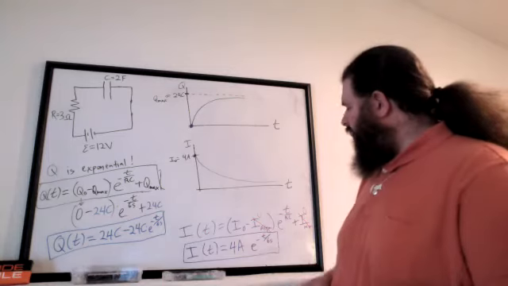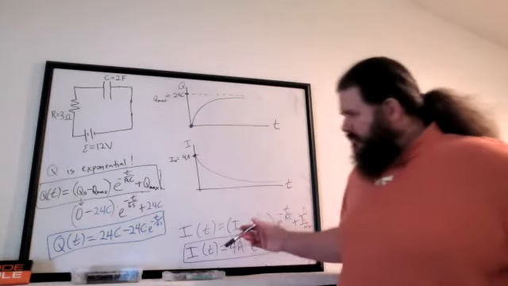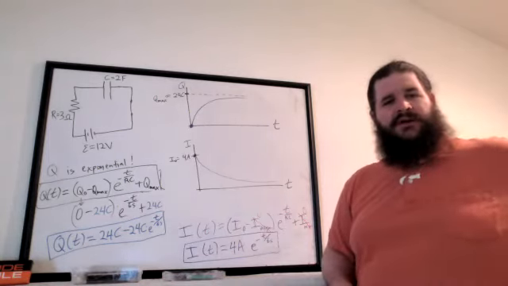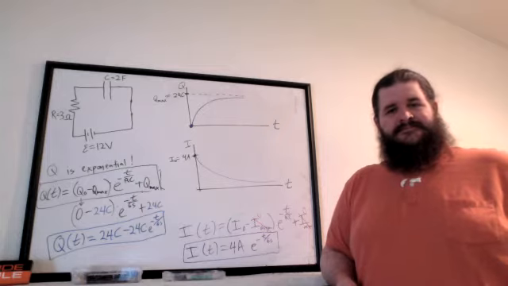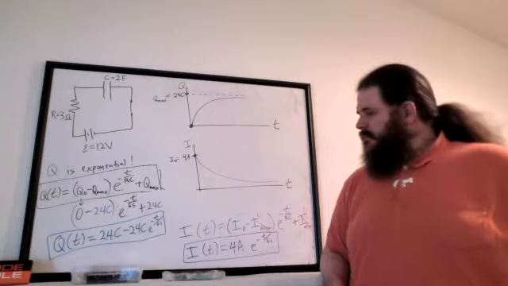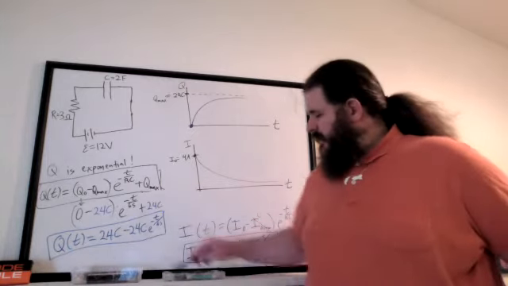So the time constant, for instance, in either of these equations, what quantity is the time constant that we're talking about? Is it negative t over RC? Yeah, or specifically just the RC.